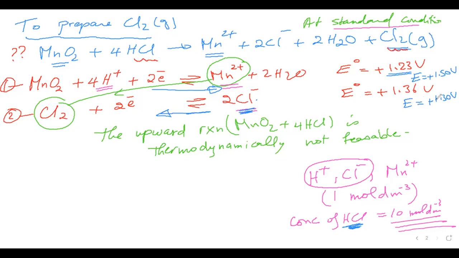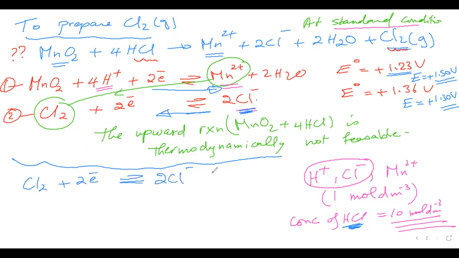Understand? Yes, so when this increased and this decreased, we go back to arrange them in the new arrangement: the one with the less positive value is written first. So we write chlorine plus 2 electrons gives chloride ions. It's going to be written first because now it has the smaller positive value.